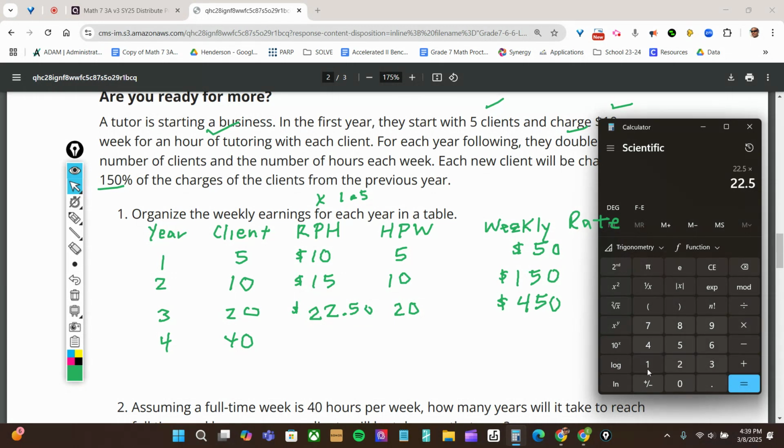Times 1.5 equals 33.75. Wow, that's crazy. Okay, and it's going to be 40 hours a week.